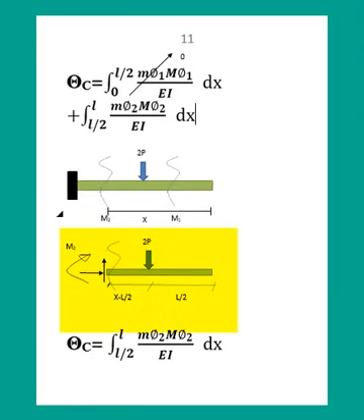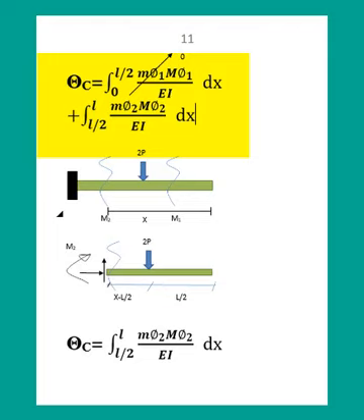Then we take the integration from 0 to L over 2, which equals 0 because M1 is equal to 0, plus the integration from L over 2 to L. Then theta C will be equal to the integration of m small theta 2 multiplied by M capital theta 2 over EI.